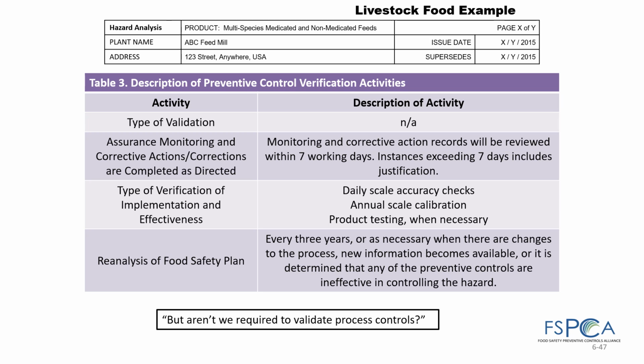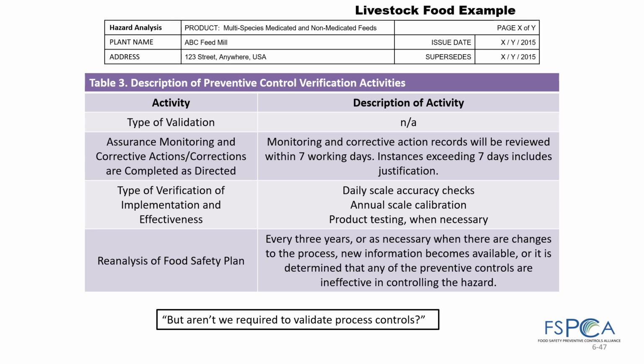What it comes down to is thinking about this actual preventive control and how it's carried out. So back in the description of the preventive control, I told you that Chad Smith was going to batch and weigh our feed as the preventive control. Of course, I have procedures for being able to do that. So this is a human following a procedure to do something by hand. And if you think about how could I validate that?